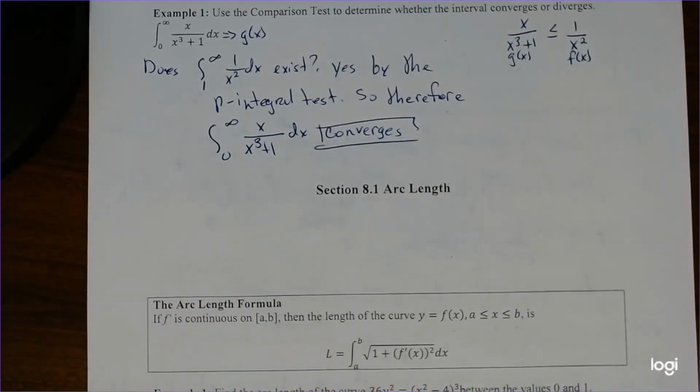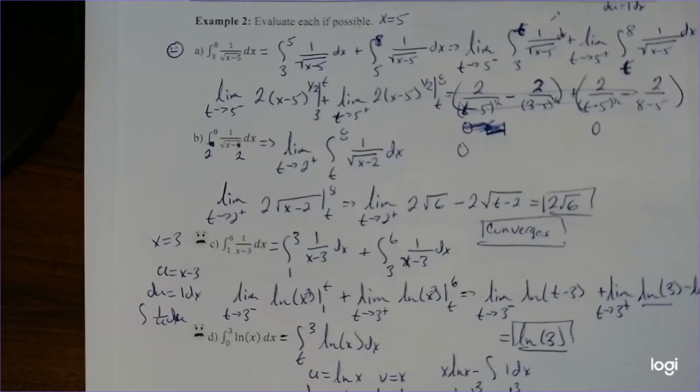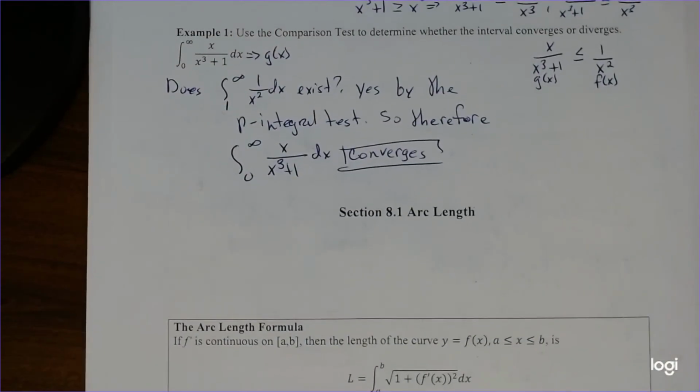We just care about whether it converges or diverges. So does it go to one number or doesn't it? And this is when the comparison test comes into play, because we actually don't have to find it, unlike the other ones where we actually found what it converges to. These ones, we don't care what it goes to, we just know it does converge at some point in time. There you go.